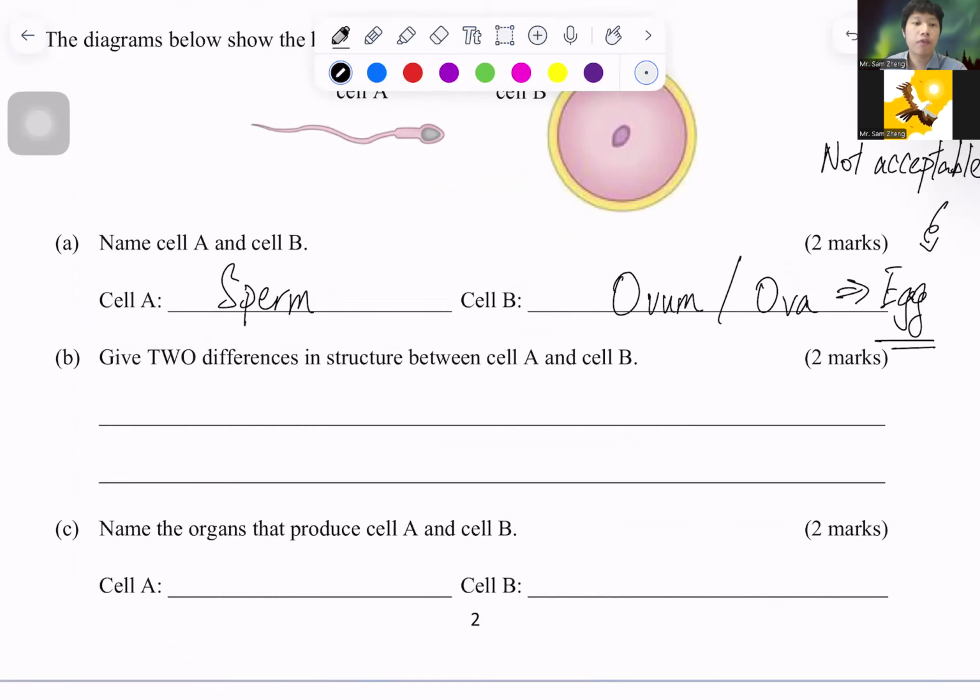Next, for part B, it asks you to give two differences in structure. So in this case, we need to think about structural difference. What is a structural difference?